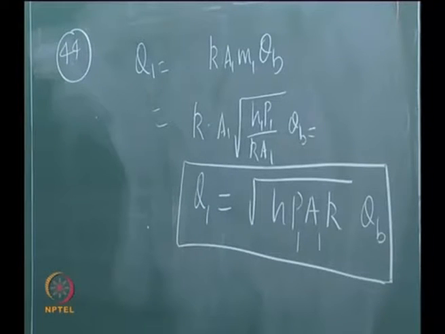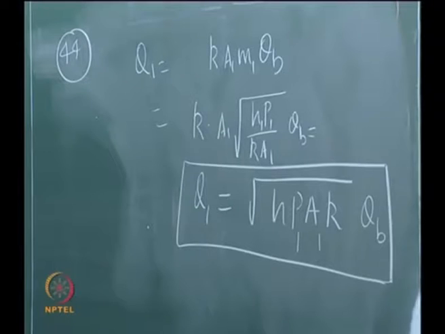Q is root of hPkA theta b, so you can remember like that, right? Q is equal to root of hPkA theta b.